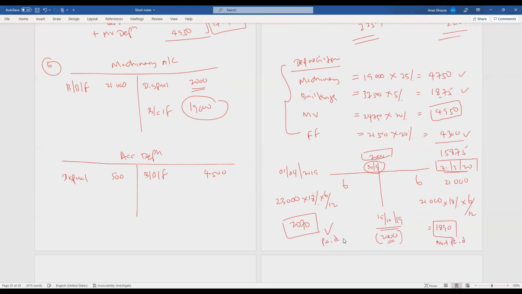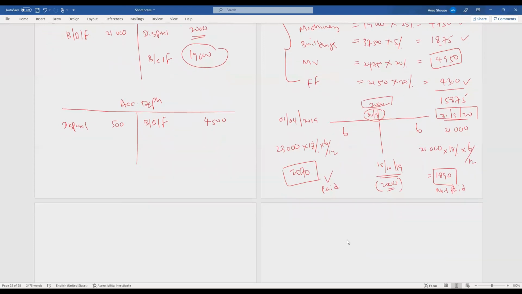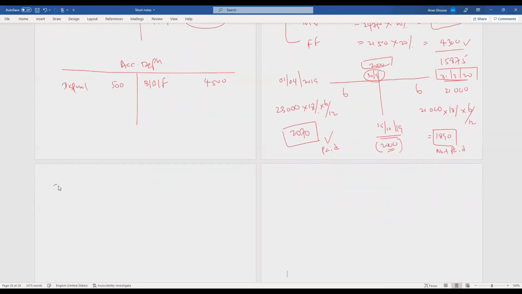Therefore, the total expense that should be reflected in the income statement should be 2,070,000 plus 1,890,000, which is 3,960,000. And the unpaid amount should be reflected in the financial position as a liability.